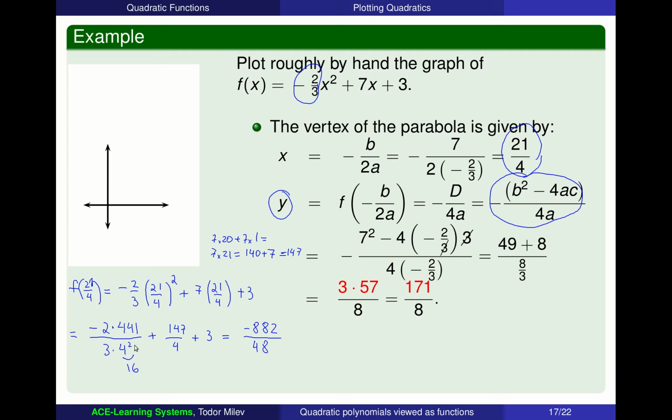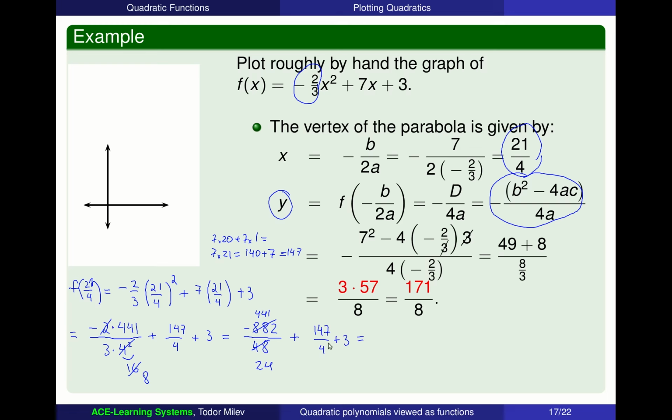You know what? It may be a better idea here to cancel 2 and be left here with 8. So rather than using 48, I can use 24 here, and here I could use 441. Plus 147 divided by 4 plus 3.